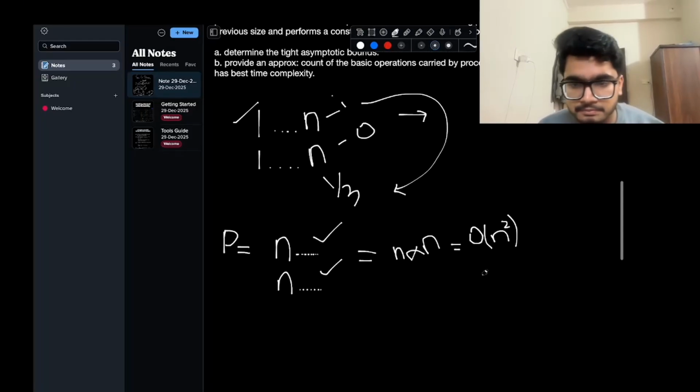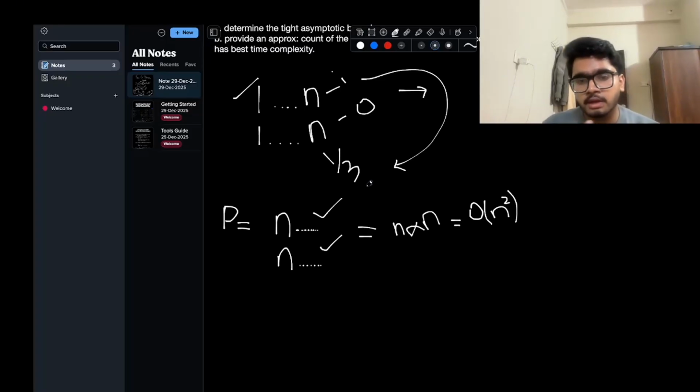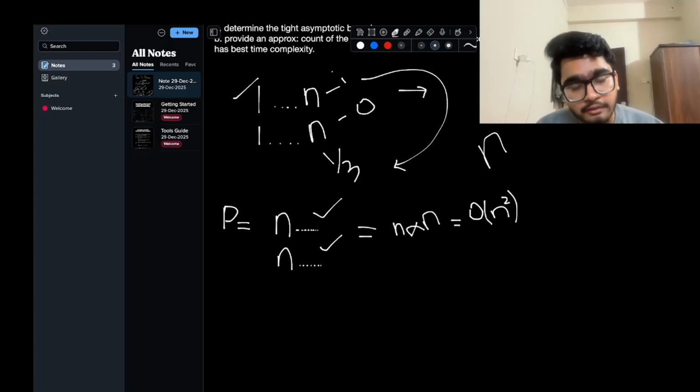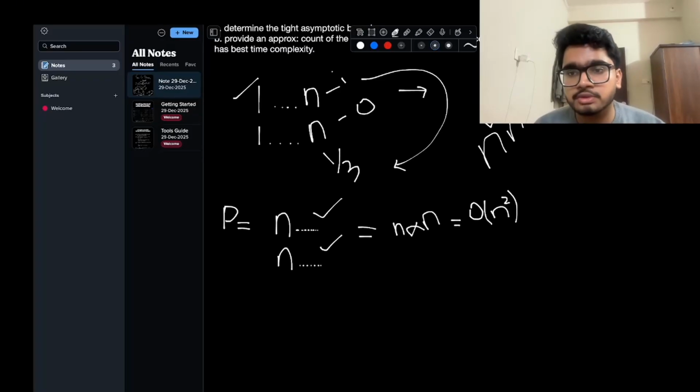Remember one thing: whenever we are going from one value to another, iterating or traversing through values, we will always take the time complexity as n. And if we have nested loops, two or more loops, their complexity will be n square.